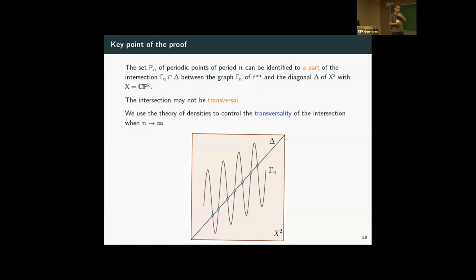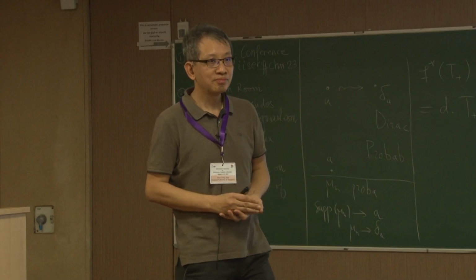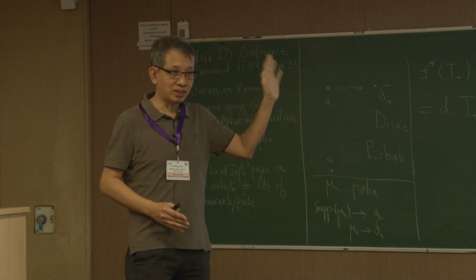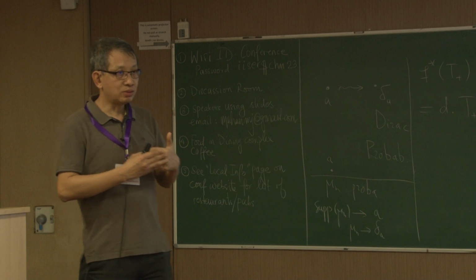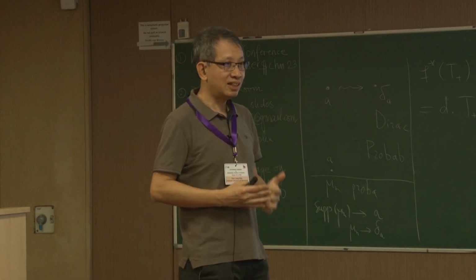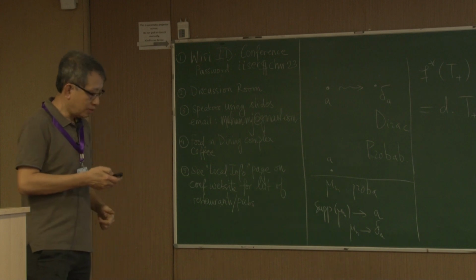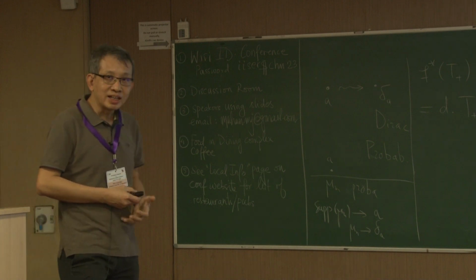It's already some problem. So you have to quantify the transversality in some sense and show that when n goes to infinity, the non-transversality goes to 0. And then we use the theory that I developed here to show that actually this is the case. When n goes to infinity, the non-transversality goes to 0, and then we get the equidistribution theorem. Okay, thank you very much.